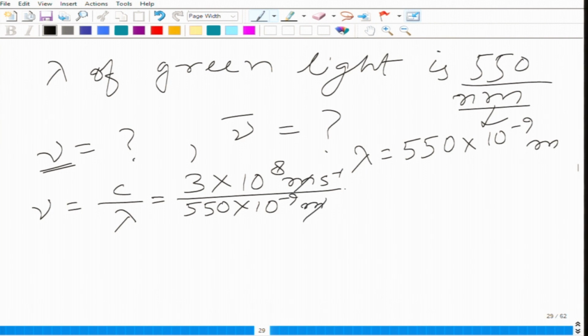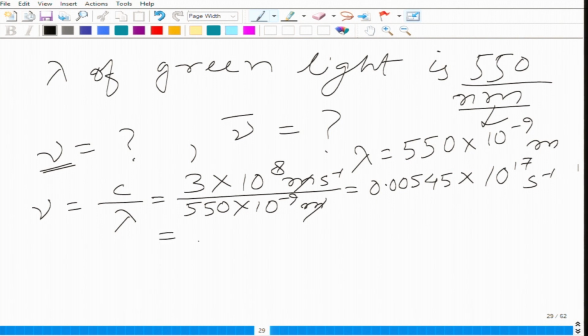So meter will cancel out. So 3 by 550 will be 0.00545 into 10 to the power 8, and if we reciprocate this, then 8 plus 9, so 10 to the power 17 second inverse.